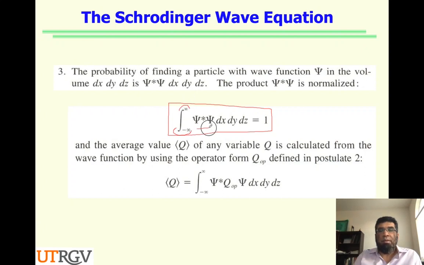This is the function which is calculated over the three-dimensional volume, and again this is the probability of finding that function, and this is the product of two functions, the same wave function.